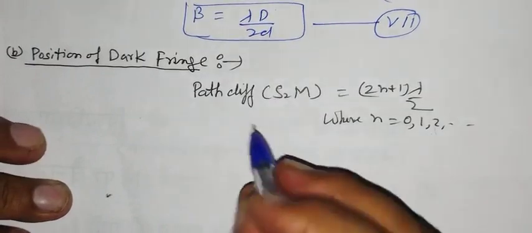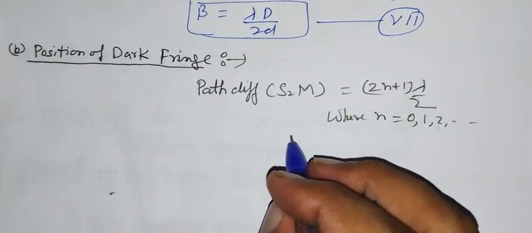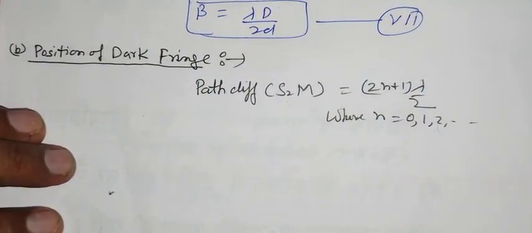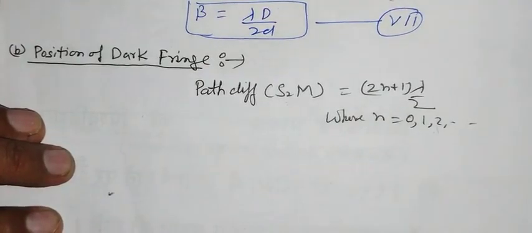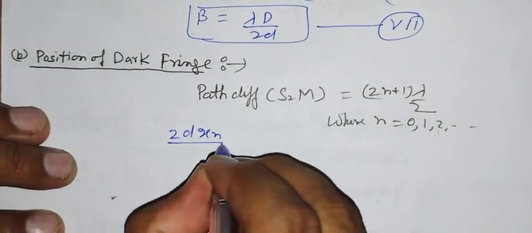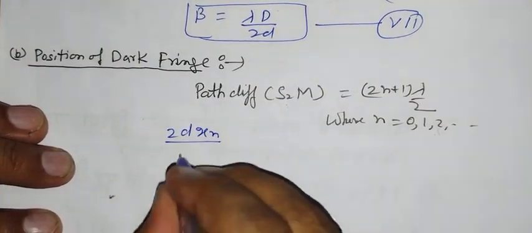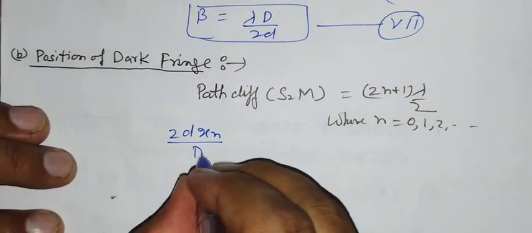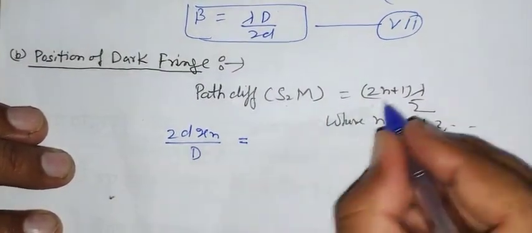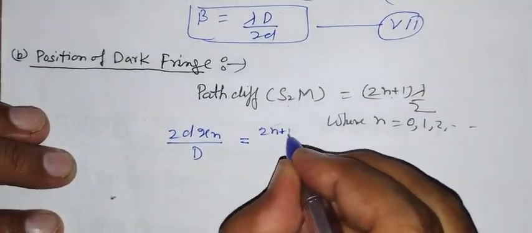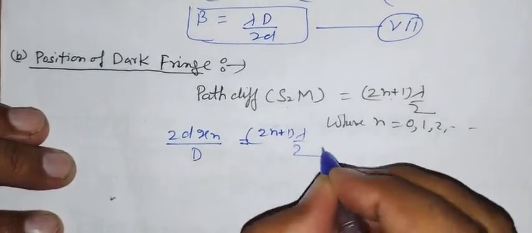Now we know that this path difference in this case is xn by capital D, which is equal to (2n plus 1) lambda by 2.